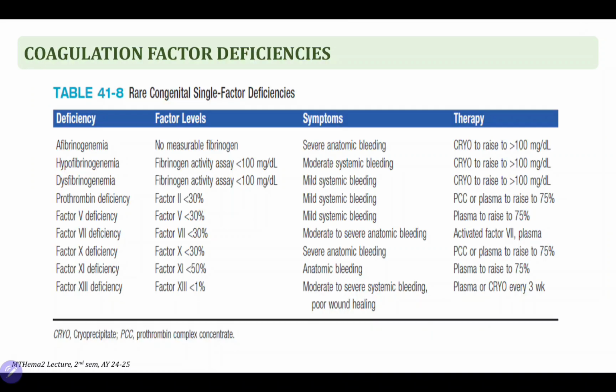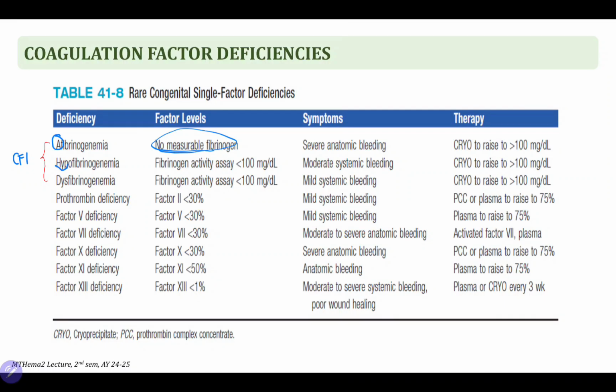So, in summary, these are your rare congenital single-factor deficiencies. So, for the first three, see, afibrinogenemia, hypofibrinogenemia, and dysfibrinogenemia, these are associated with coag factor 1. When we say afibrinogenemia, wala talagang levels of fibrinogen.